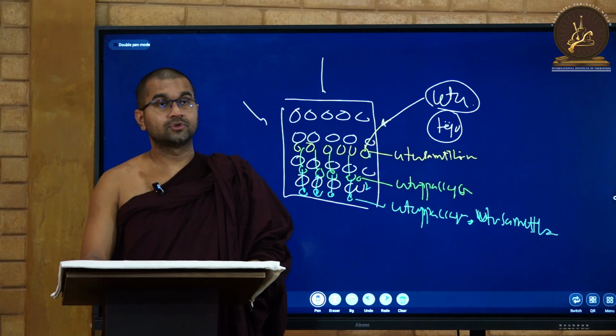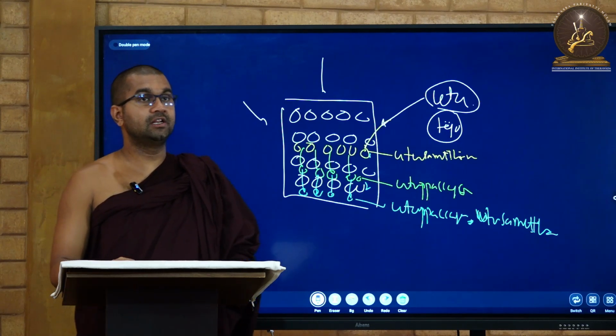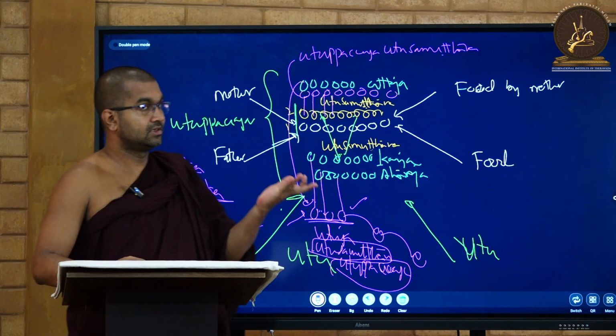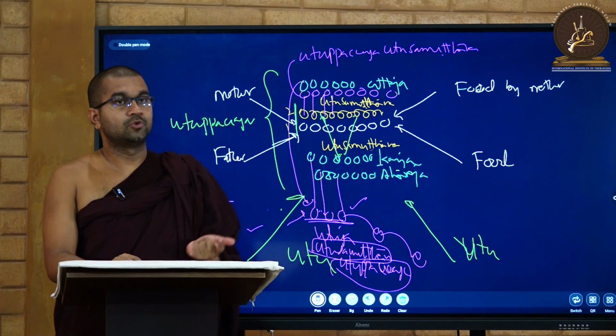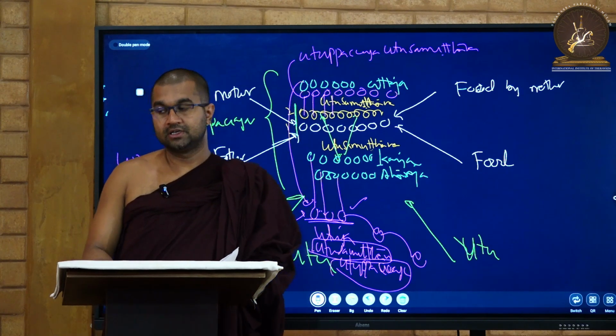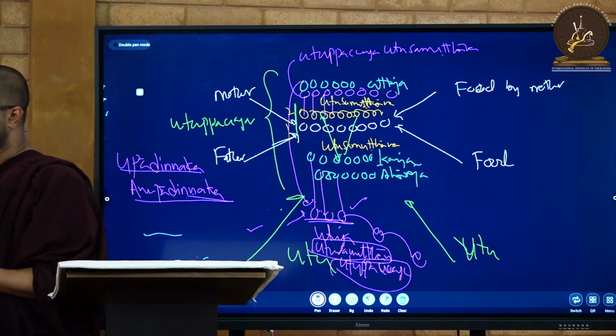And then we also discussed how the rupa kalapas in a living body can be termed in terms of utuja rupas, utu samuttana rupas, utupacchaya rupas, and utupacchaya utu samuttana. I'll conclude the lecture, giving the opportunity for the Q&A session.